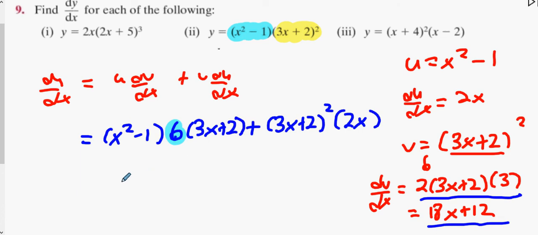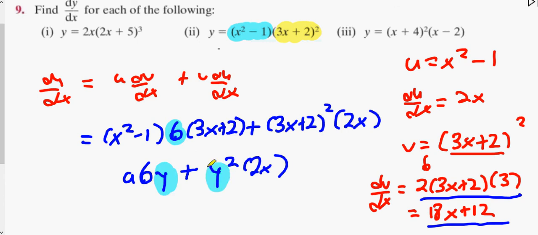If you want, it's a bit like this. It's a bit like a times 6 times y plus y squared times 2x. See the way there's a y in both of them? I can factorize out the y.